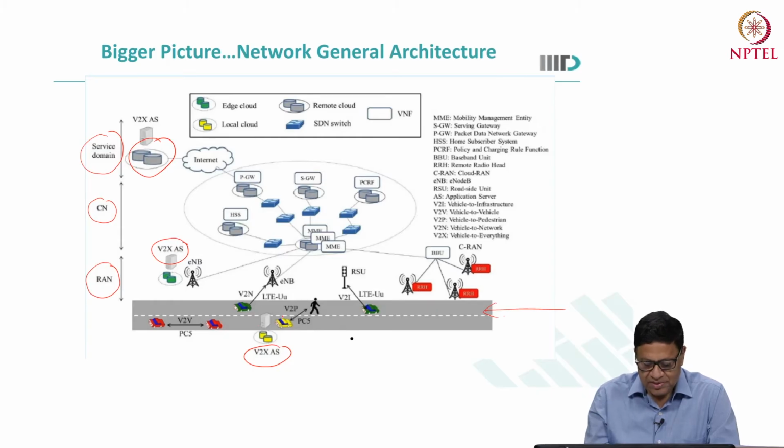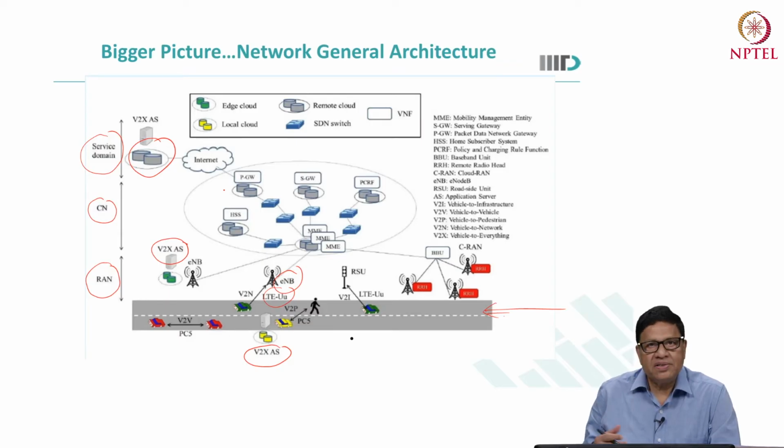So the information which is generated here on the road, vehicle to vehicle or vehicle to infrastructure with traffic lights, through the remote access network, which consists of E-Node Bs and LTE systems, is transported to the core network, which has these entities, and then it goes to a cloud application server.